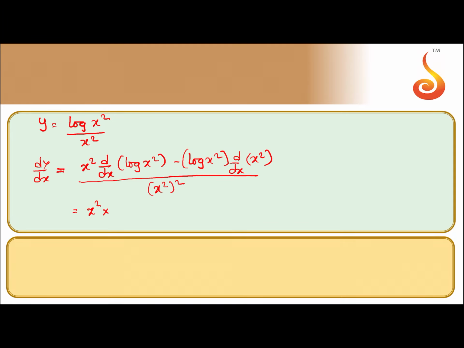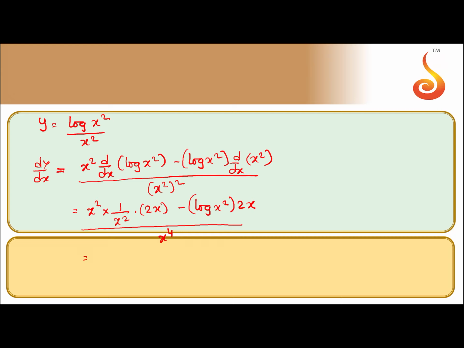x squared, derivative of log x squared is 1 by x squared, and derivative of x squared is 2x, minus log x squared and derivative of x squared is 2x, whole divided by x to the power 4.